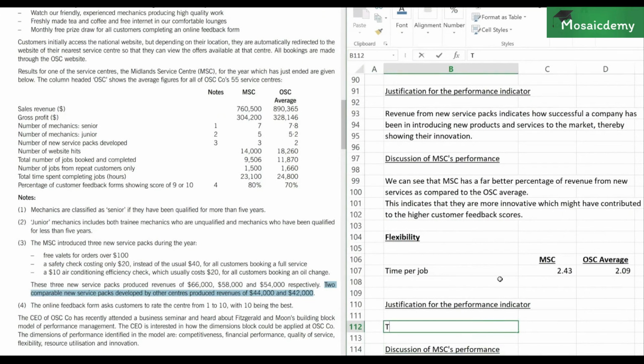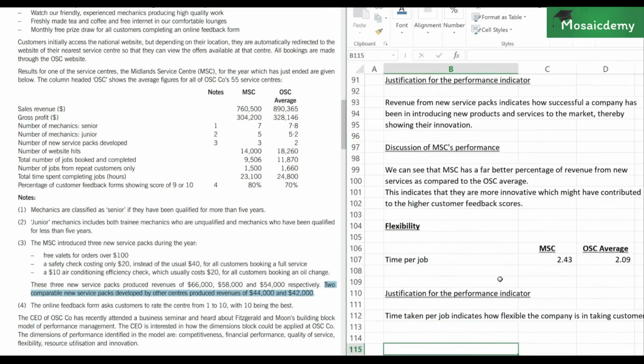So we'll mention time taken per job indicates how flexible the company is in taking customer requests and turning them around into successfully completed jobs.